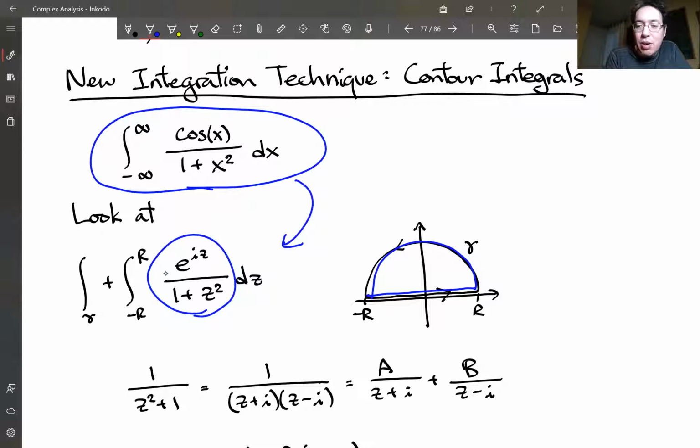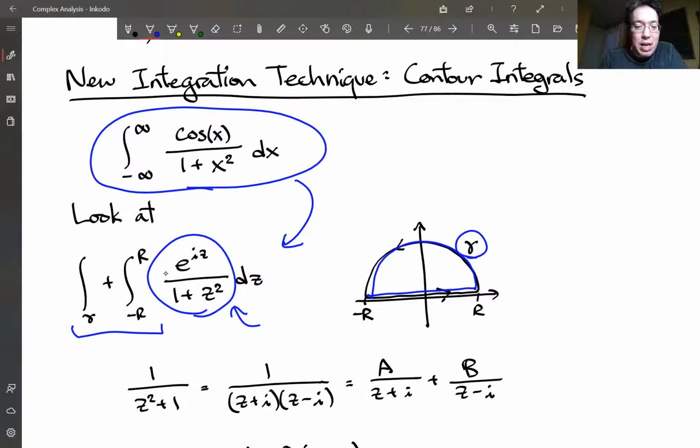This curvy portion, the semicircle, I'm going to call gamma. So we're looking at the integral of the semicircular part, gamma, plus the real integral from negative r to r, and we're going to evaluate the new integrand instead.